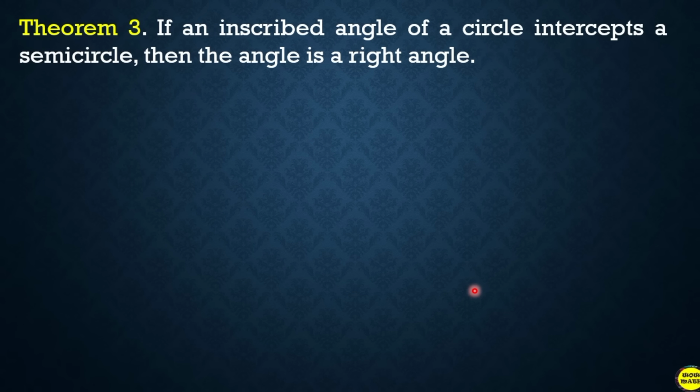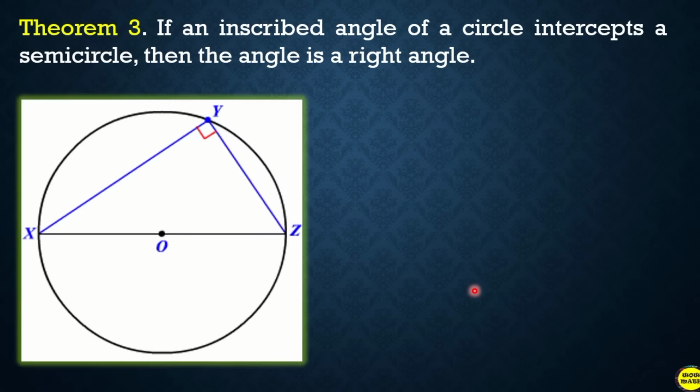Another theorem: if an inscribed angle of a circle intercepts a semicircle, then the angle is a right angle. Again, if an inscribed angle of a circle intercepts a semicircle, then the angle is a right angle. For example, in this figure, we have angle XYZ.